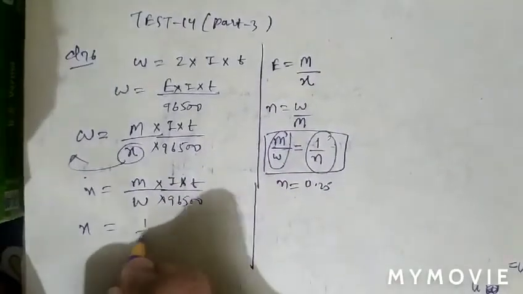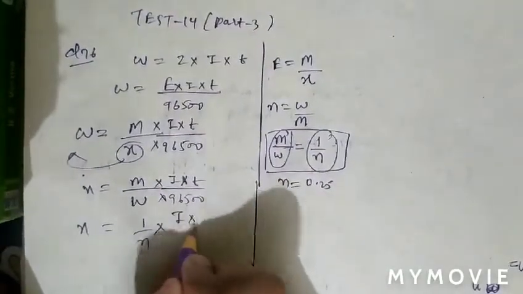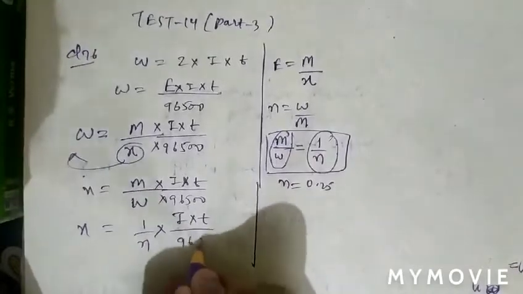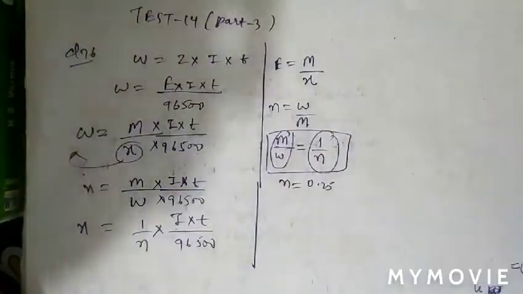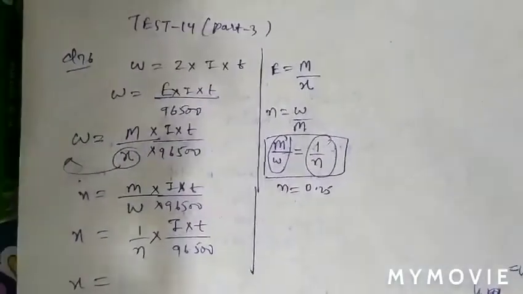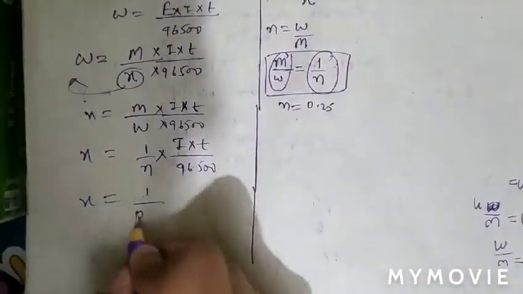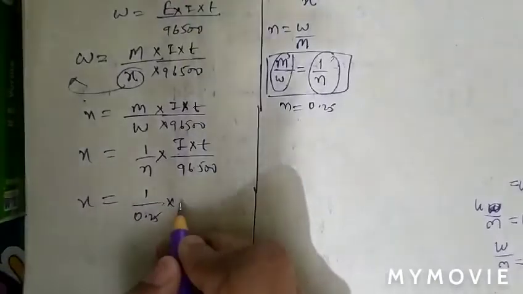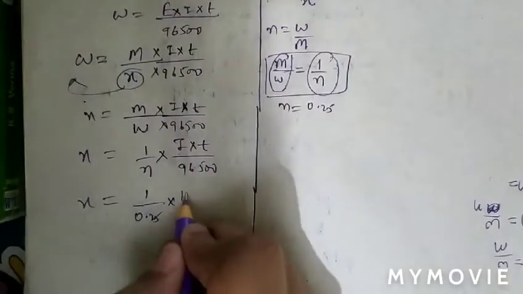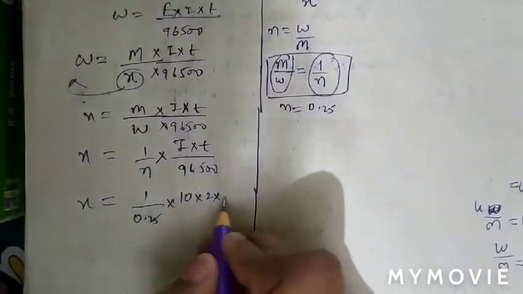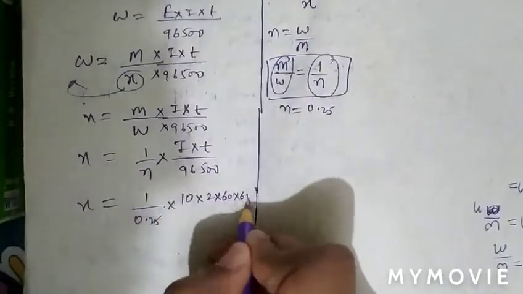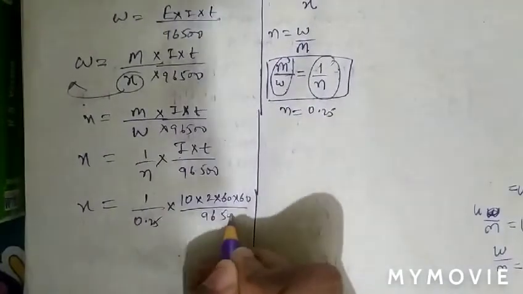So x will be 1 by n into I into T divided by 965,000. So x will be equal to 1 upon 0.25, and the current passed is 10 ampere for 2 hours, so 2 into 60 minute into 60 second, divided by 965,000.